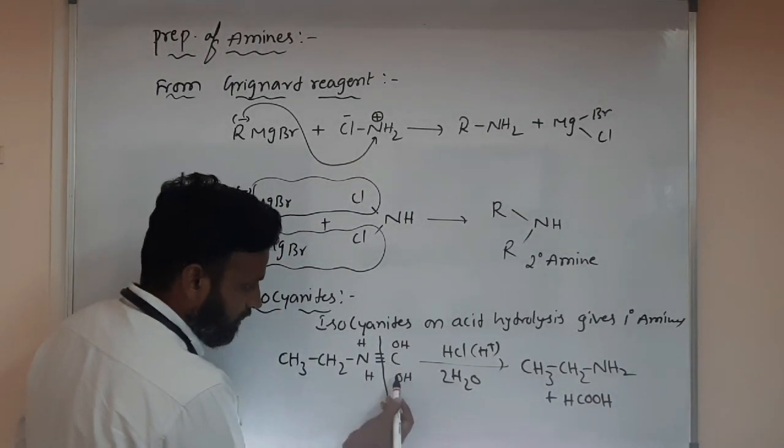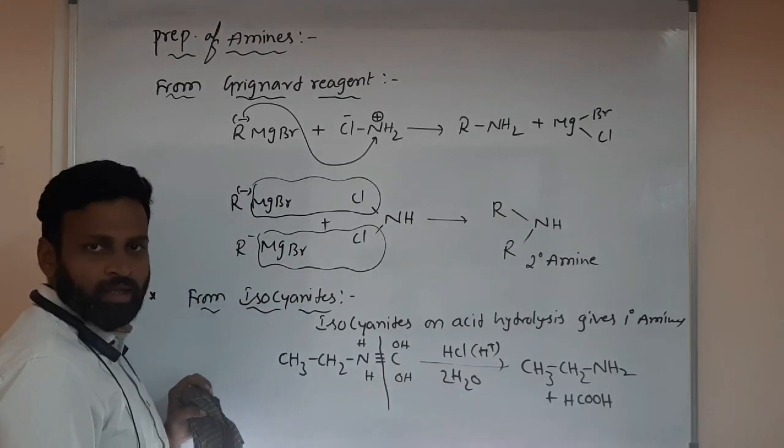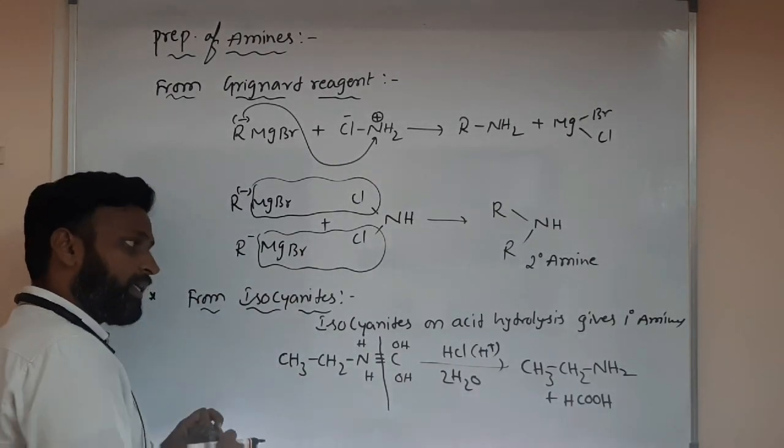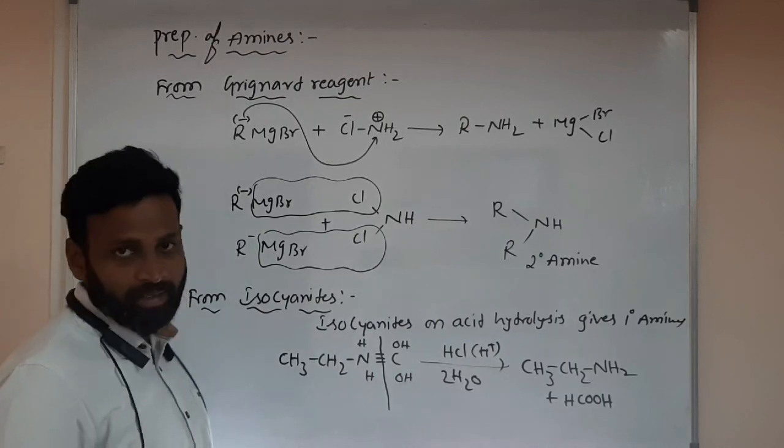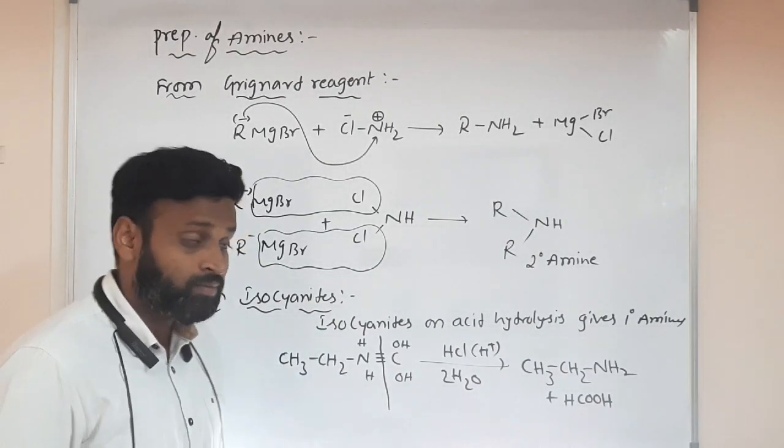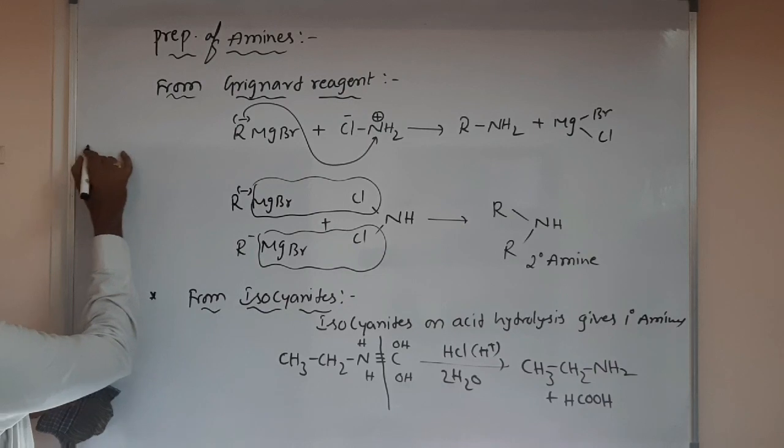So HCOOH is removed. Understood? So from isocyanides itself you can have primary amines. Isocyanides on reduction I already gave; you forgot or not, I don't know.